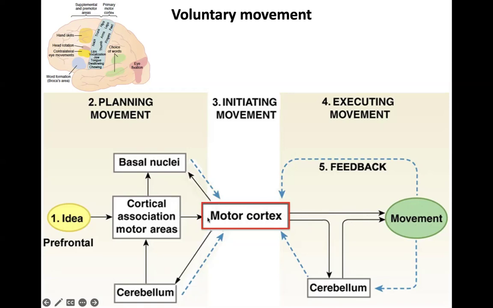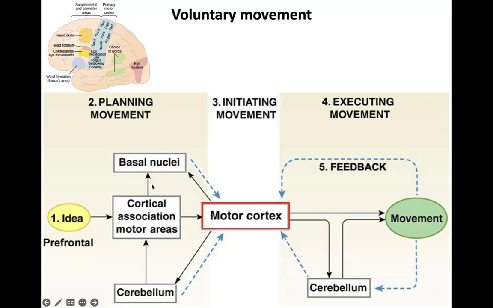But before that, in reality, before the motor cortex can send those signals through the upper motor neurons, there are actually so many other areas involved in planning, including basal nuclei, cortical association areas, cortical association motor areas, and cerebellum.